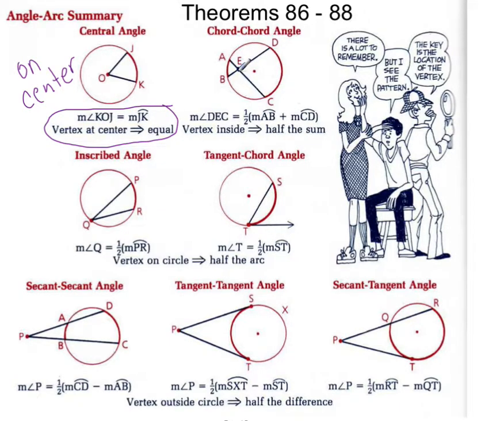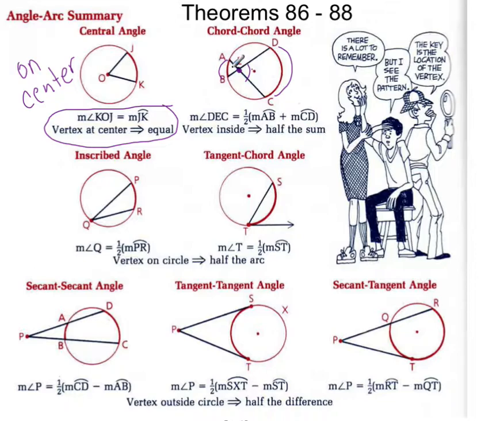When the vertex of the angle is in the circle but not on the center, the measure of the angle is equal to half the sum of the arcs. And they are the arcs on either side of the angle.